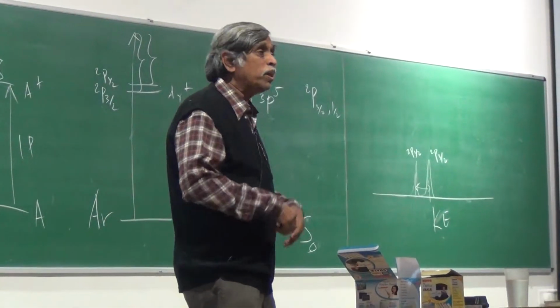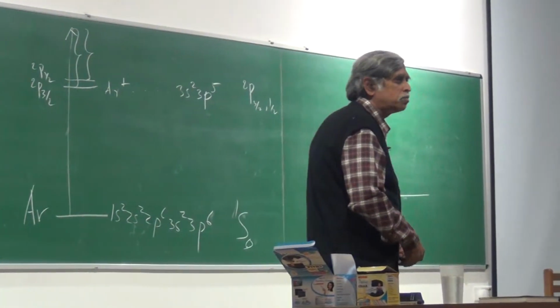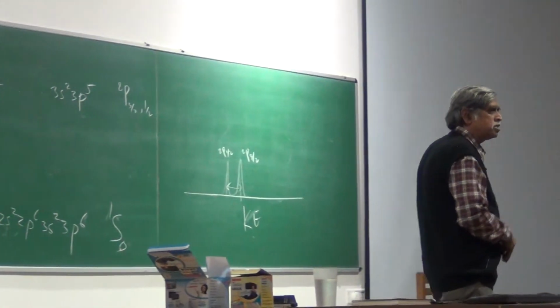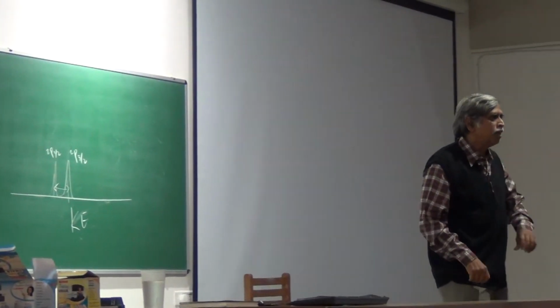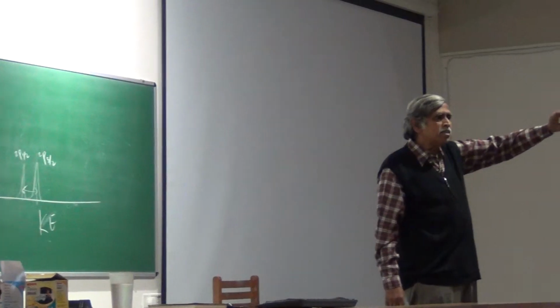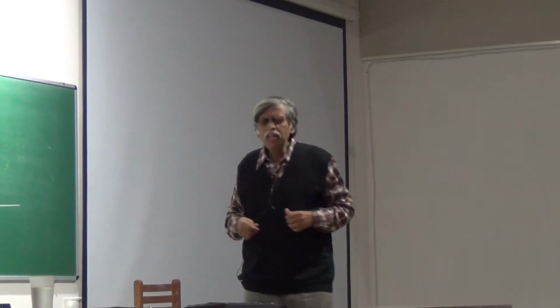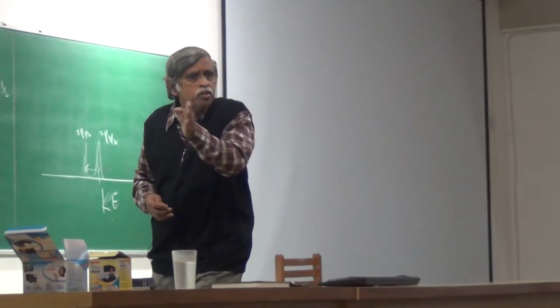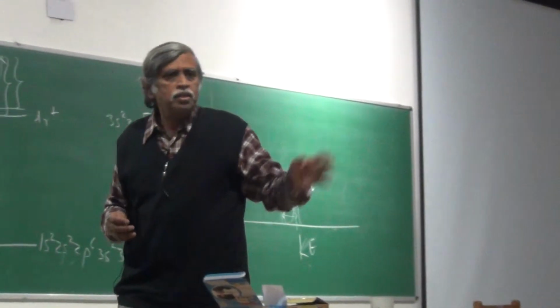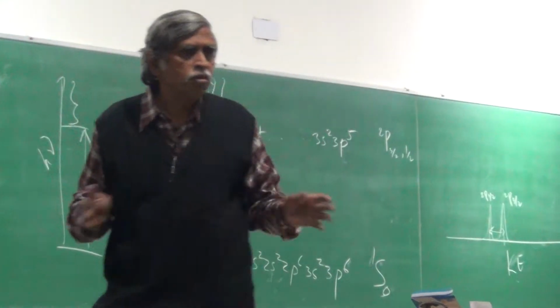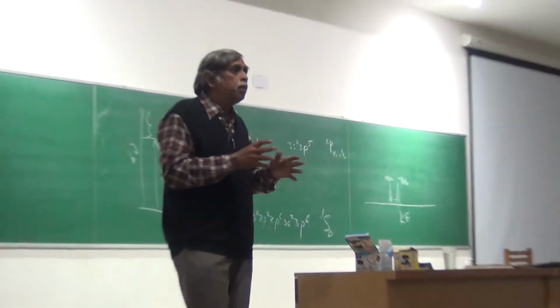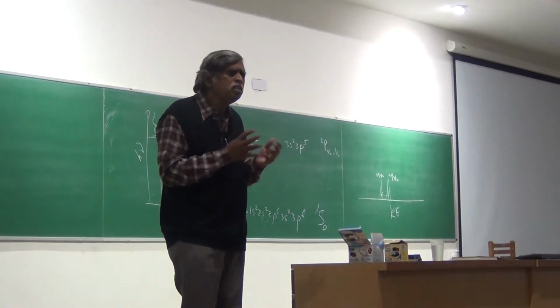In other words, we kept talking about, and we said this millions of times over, right from the last 1 or 2 classes, that if I have L and S, I can couple them and get J, and there are so many J's possible. But then we never really said what the energy spacings between those J's are. Of course, that can be calculated today rather easily. But more than that, the question is, how do I measure these energy differences?